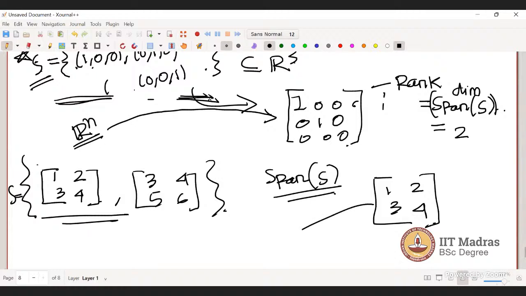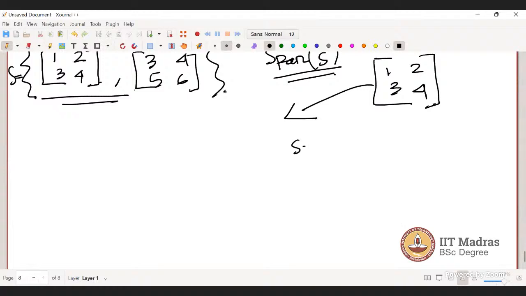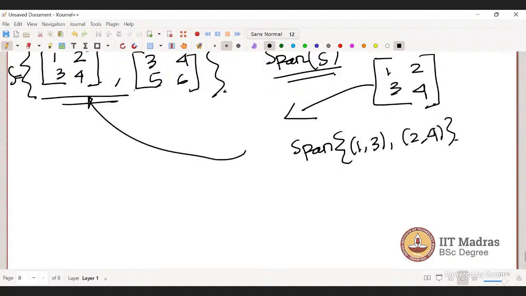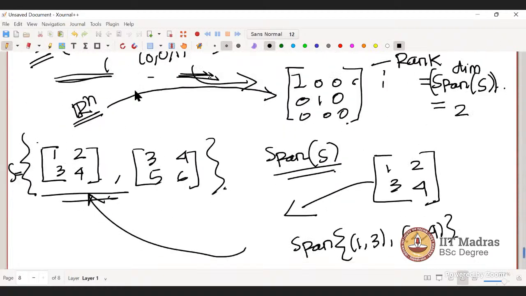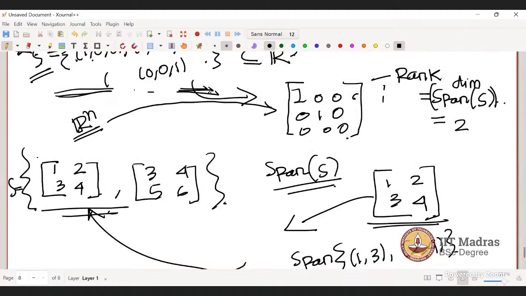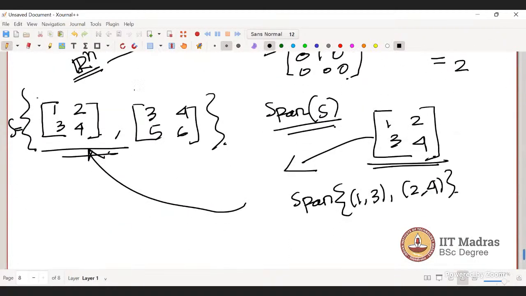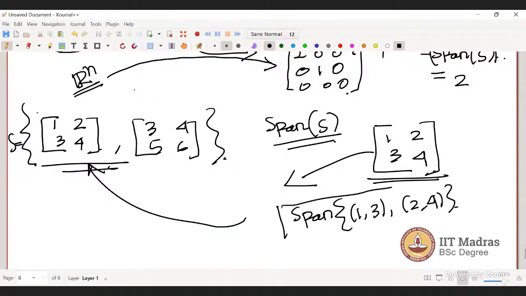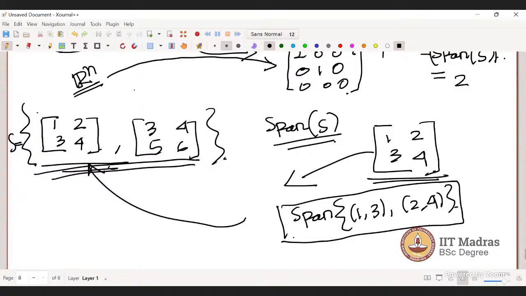See, the rank of this matrix, as I said, will give you the dimension of the span of 1, 3, 2, 4, not the span of this set. When you are computing the rank of this matrix, it will give you the dimension of this one, not the dimension of that one. Is it clear what I'm trying to say?